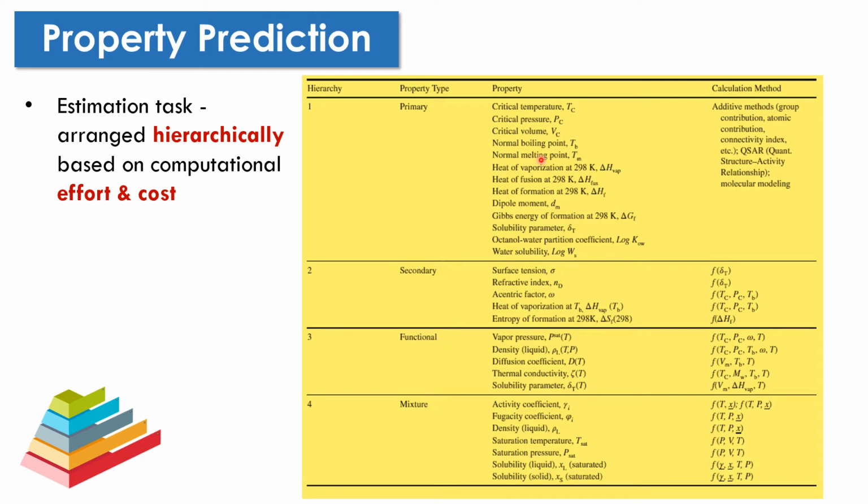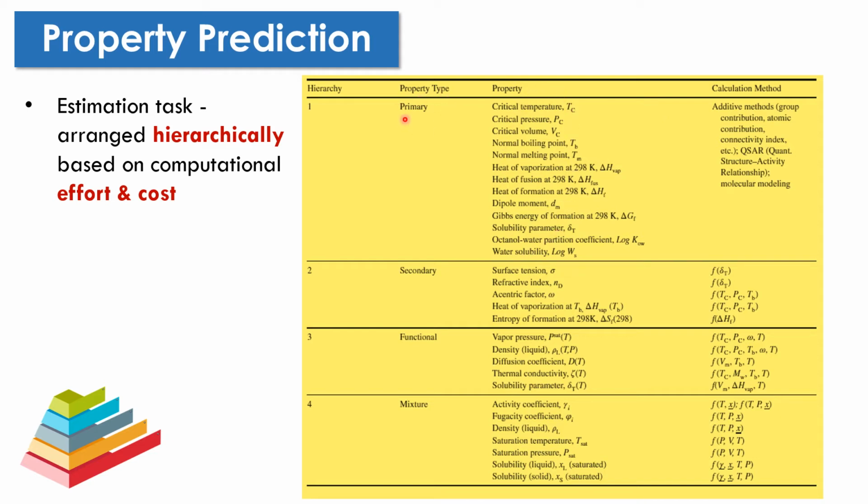All these are examples of the properties related to each category, and here is also listed the calculation method. Whenever we need to do property prediction of all the target properties translated from the problem formulation, first of all we need to do prediction for the primary property.